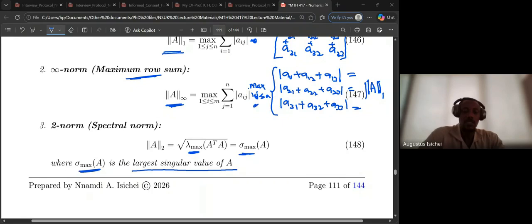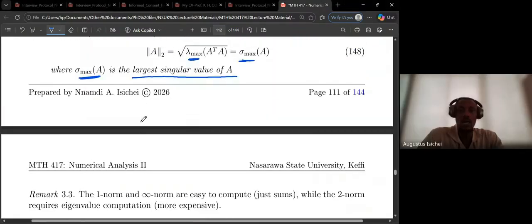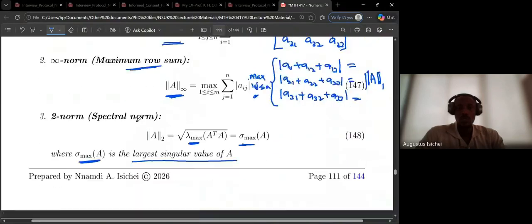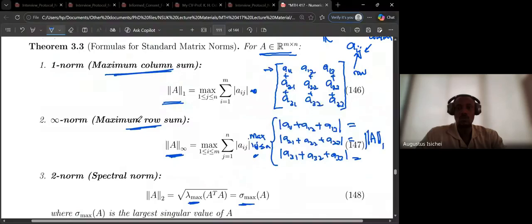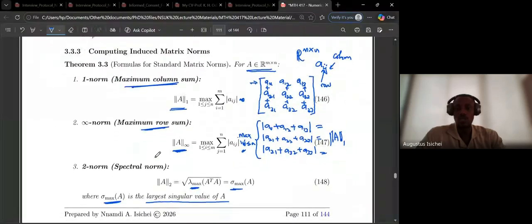So these are the three norms that we can look at from the theorem perspective of computing induced norm. All of these theorems will not be proved, it's just for statement's sake. So please take note of how to compute the induced norm, so whenever you're told to compute any of these induced norms, you know what is expected of you.